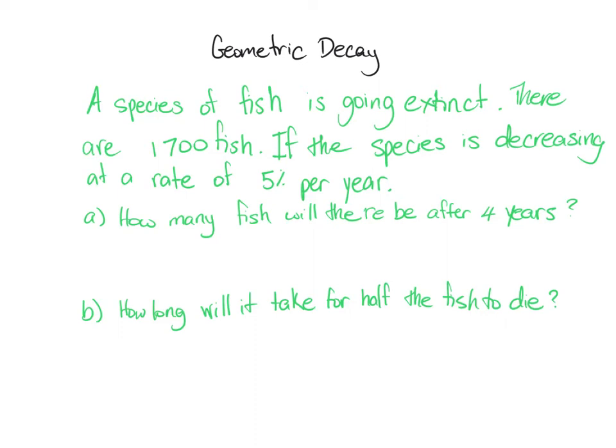So thinking about what we said before, when we were growing, our r was 1 plus the percent growth. Now that we are decreasing, our r is 1 minus the percent decrease, as a decimal, which means that our r is 1 minus 0.05. So r is actually 0.95.